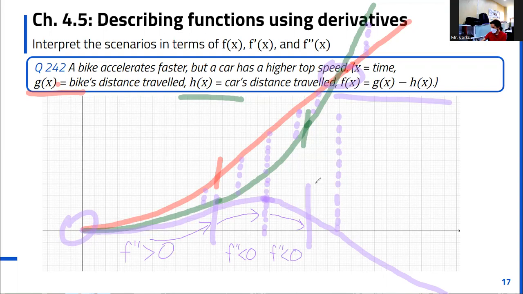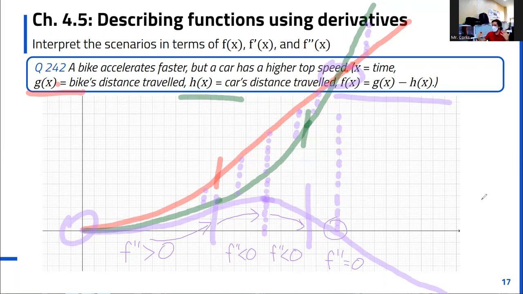Until we hit this point here where the car hits its top speed. And then the second derivative is actually just equal to 0. And then after that point somewhere, the bike and the car will pass each other, and then the car is further ahead.